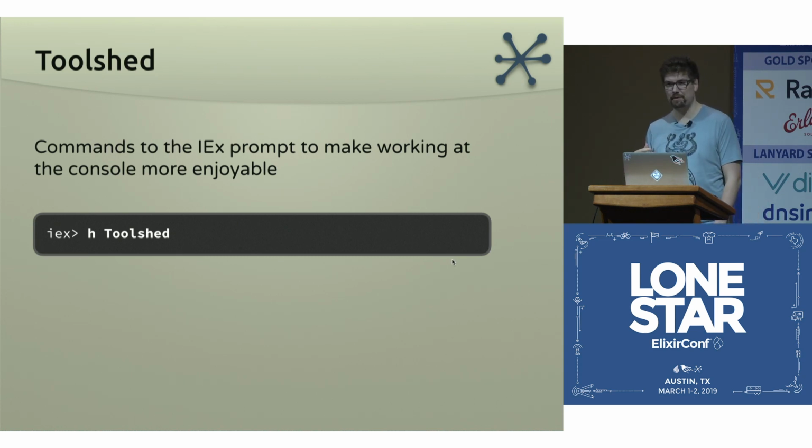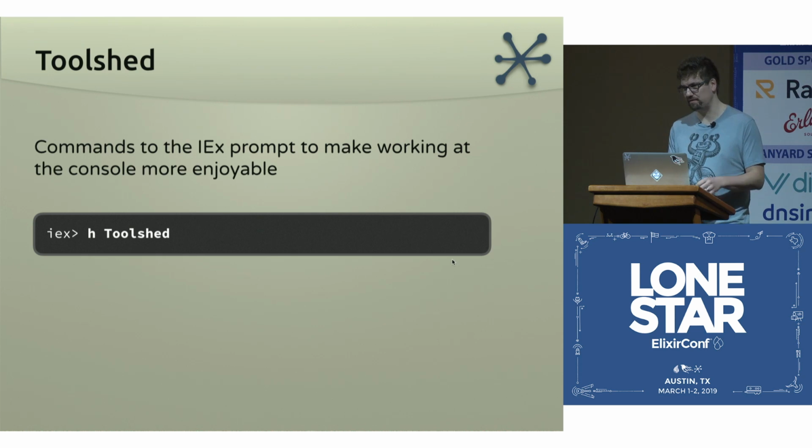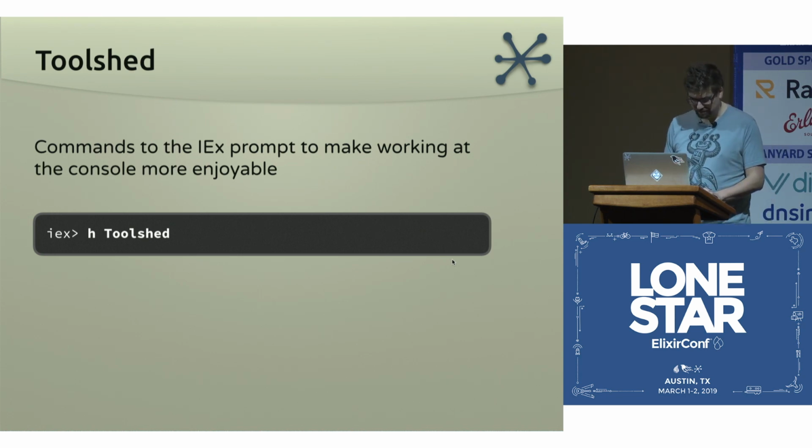Your feeling might be to drop out and go to some bash shell, but in this case we want people to be more comfortable being at the IEx shell and able to ask for that kind of information. So Toolshed contains a lot of helper functions to look at common stuff, like network configurations and IP addresses. You can even TCP ping to make sure your connections are up. As well as top, a really fun one, seeing process outputs and stuff. That's cool. We'll look at a couple of those too.